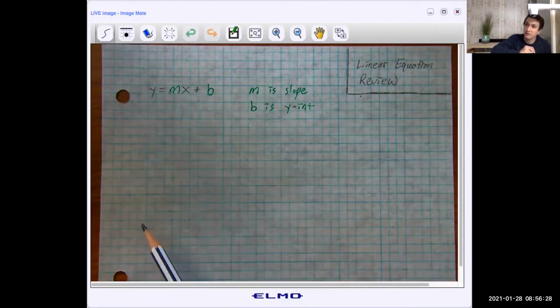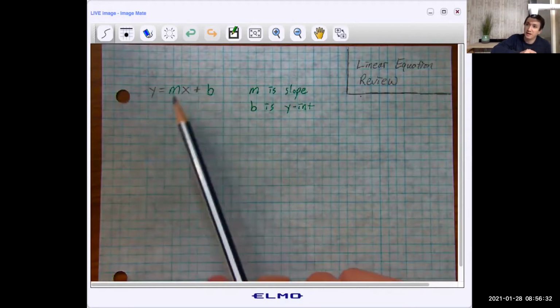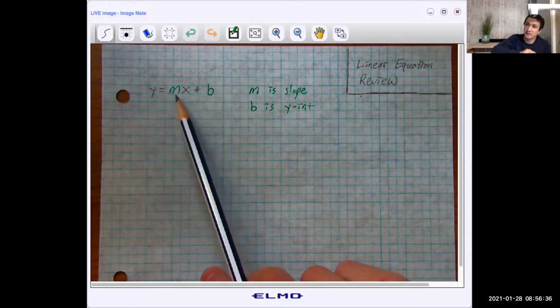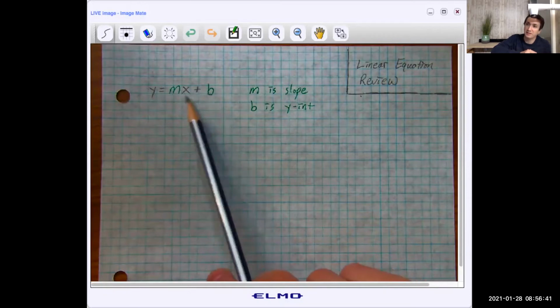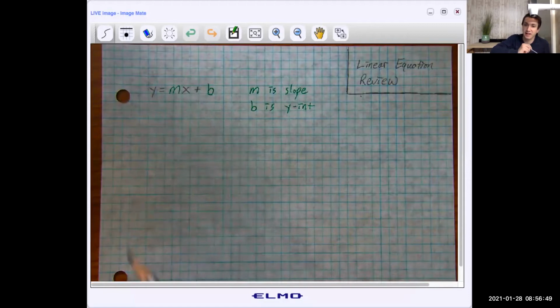Okay? So in this form, when we write it, it's always y equals, and there's always an x, but then these things get replaced with actual numbers in the final one, okay? But the x's and the y's, they just stay the way they are. We sometimes replace them and put in values and do math with them, as you've seen, but in just that equation, we just leave it like that.